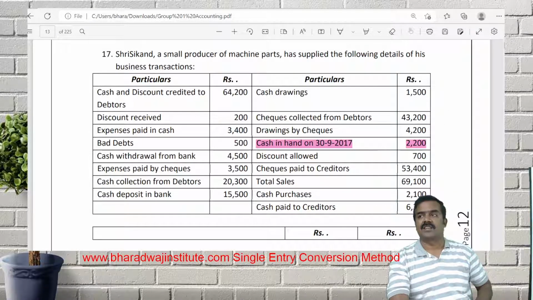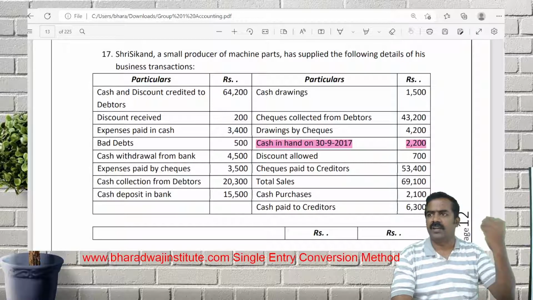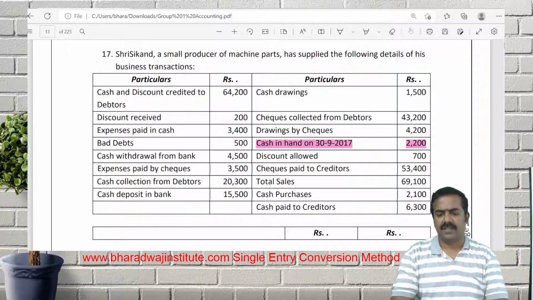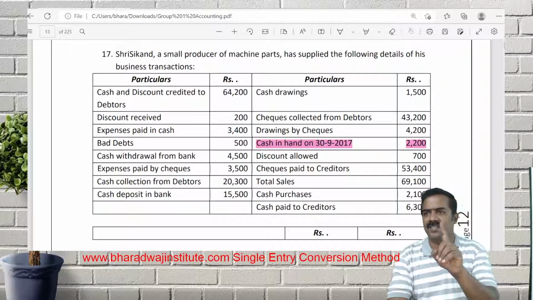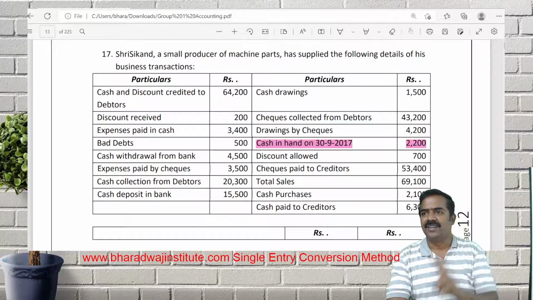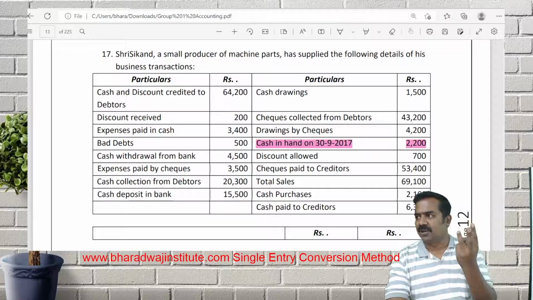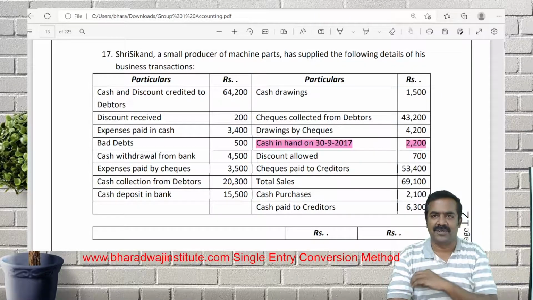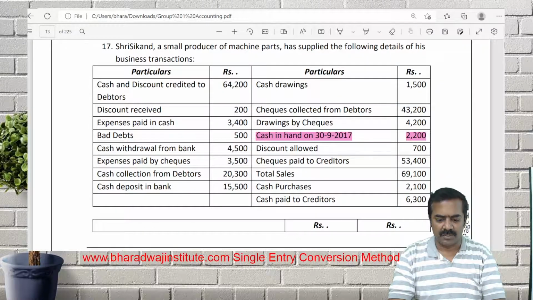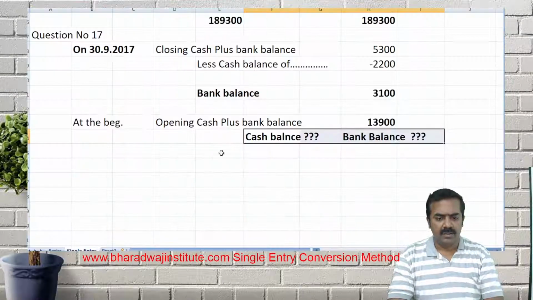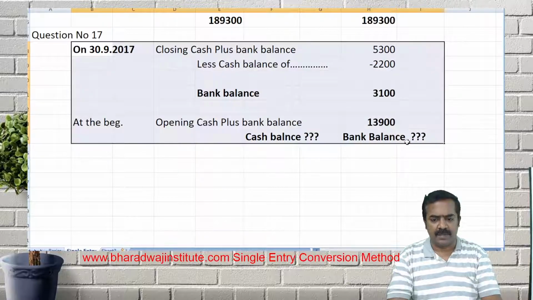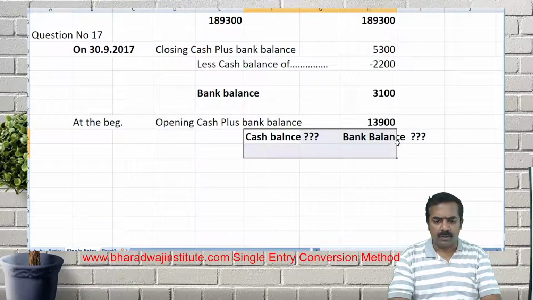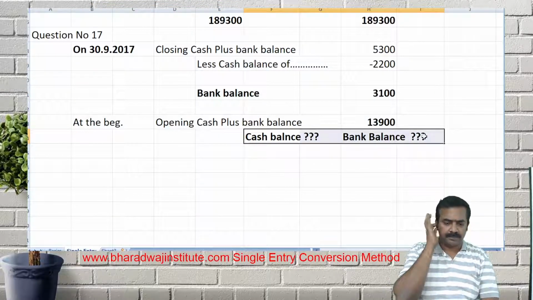So we can start with the creditors account, then prepare the cash book. We cannot start with the debtors account; only after closing the cash book can we come to the debtors account. Please make a note of all these things, because we want opening cash and bank balance separately.